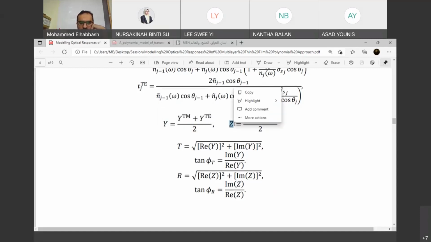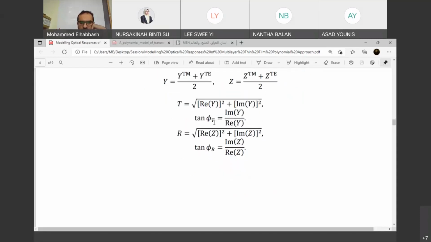The Z and Y matrices are used for calculation of the transmission for every layer and the reflection for every layer. Here we have the tangent of the phase. So every transmission or reflection has a phase. So we have a phi t, which means a phase for transmission, and also here a phase for reflection.